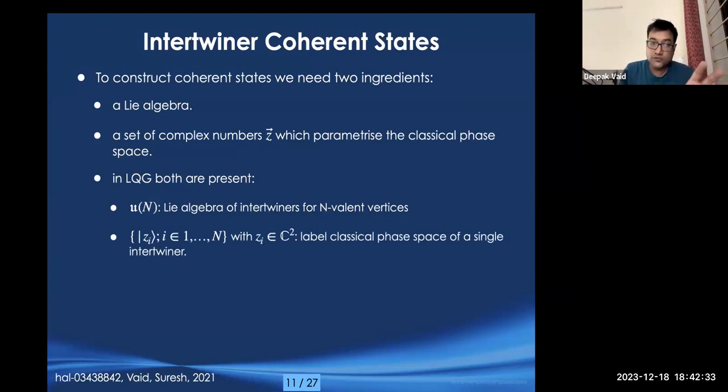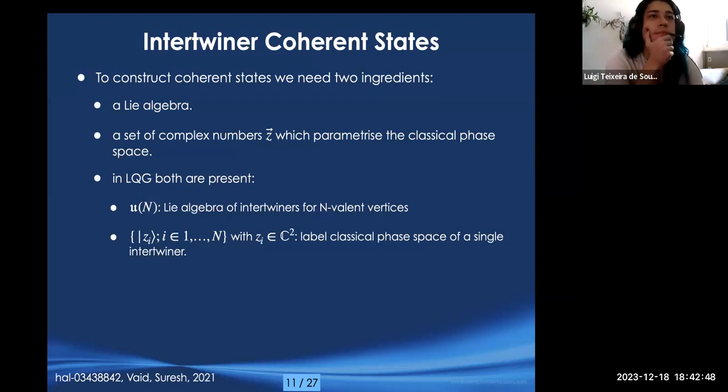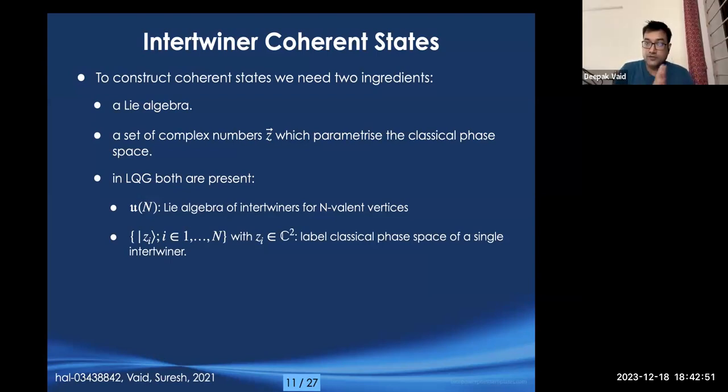And you can also show that there is a classical phase space associated with this geometry, right? So Luigi, you probably might remember that when we talk about canonical quantization in LQG, we go from metric to connection variables. And then in the connection variable approach, our degrees of freedom become these one-dimensional holonomies living along edges, right?